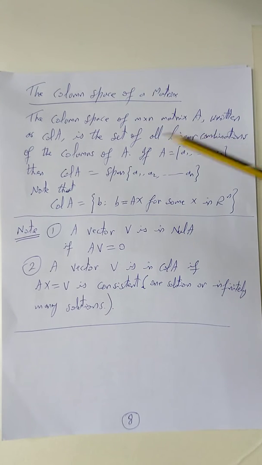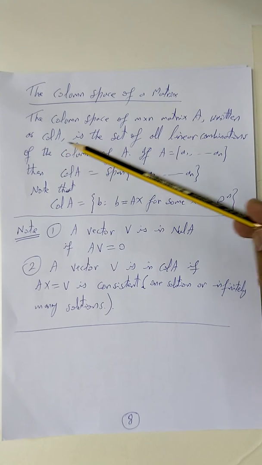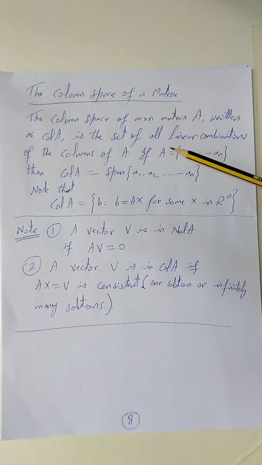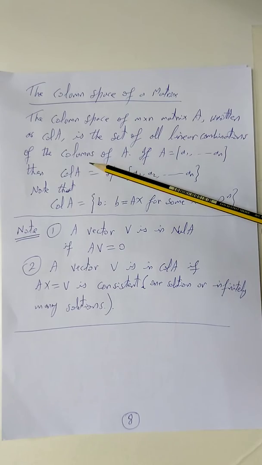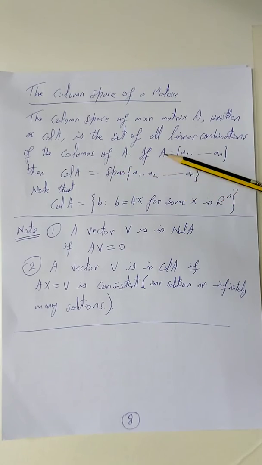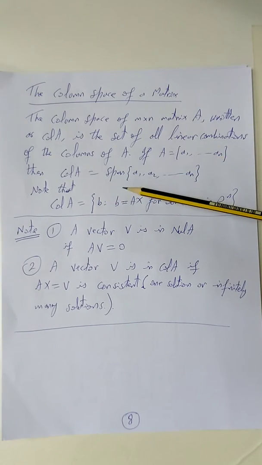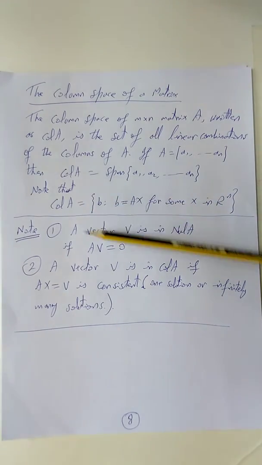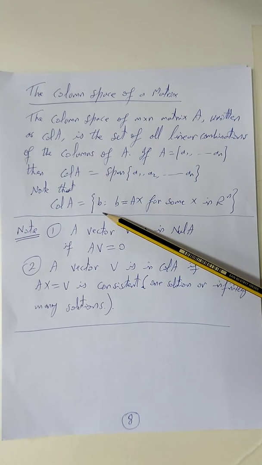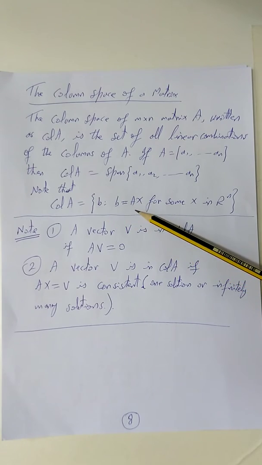The column space of matrix A, written as Col A, is the set of all linear combinations of the columns of A. If we have matrix A with columns a1, a2, ..., an, then Col A will be equal to the span of a1, a2, ..., an. Note that Col A is the set of all b such that b is equal to Ax for some x in R^n.